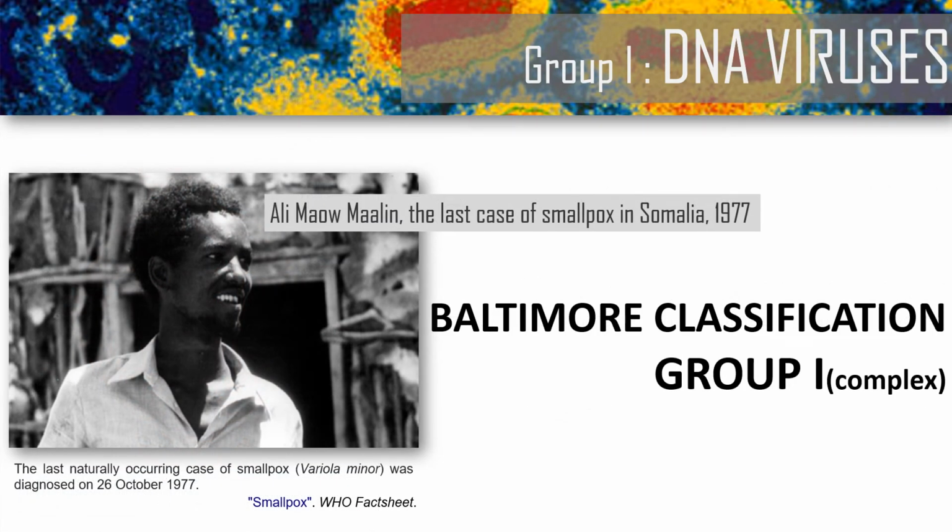Okay, so before we proceed to Baltimore's classification group 1, complex, which is your variola viruses or smallpox, review muna natin yung herpesviridae in yung class. So always remember, class, that the alpha herpesviridae establish latency in neurons. Take note with this one, class, okay? Latency ng alpha herpesviridae mo, class, is neurons.